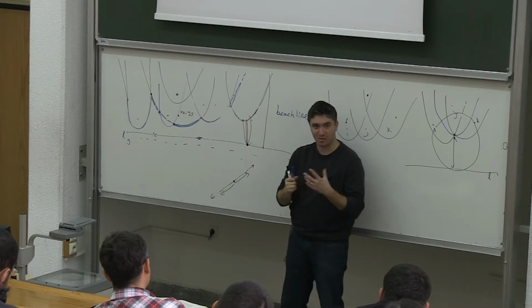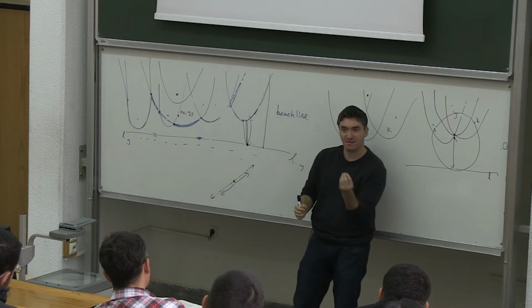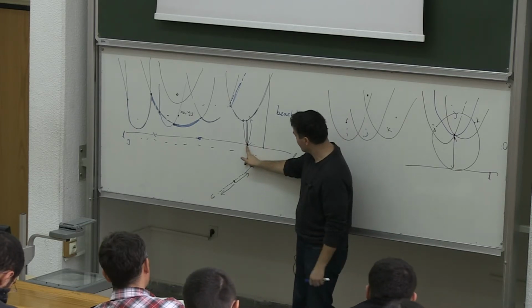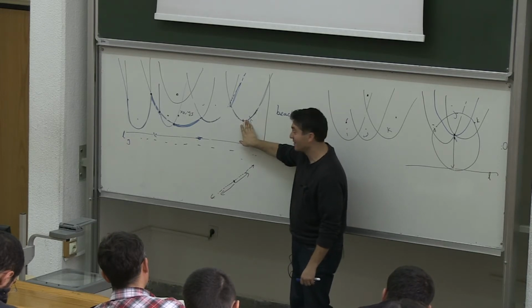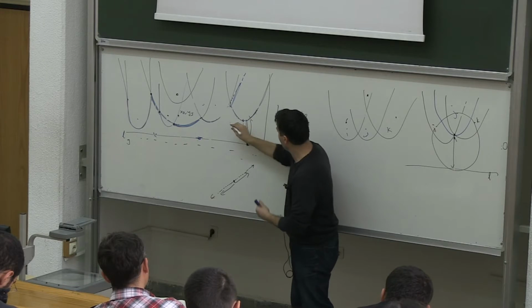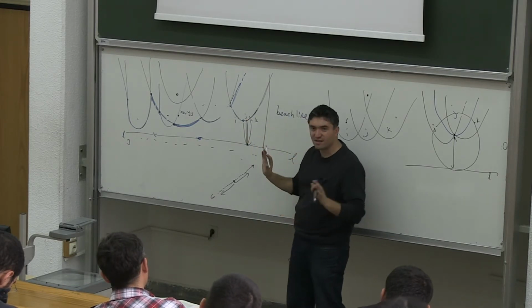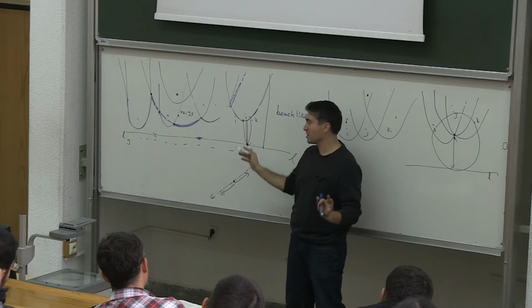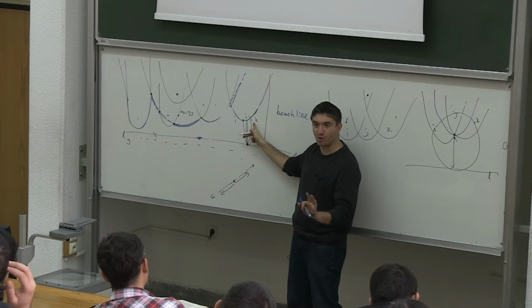To be a circle event, we need 3 sites, right? So when this arc appears here as the middle arc, if this is I, this is J, and this is K, this is not going to be a circle event because I and K belong to the same site. These 2 arcs belong to the same site.